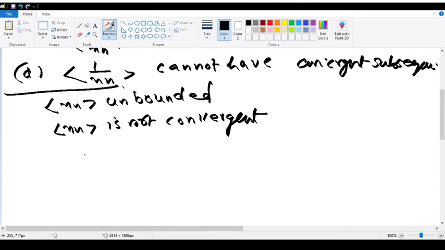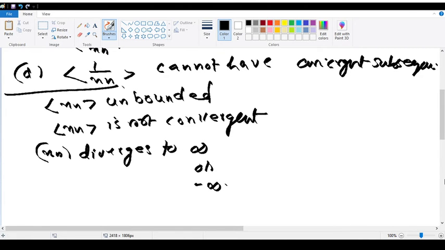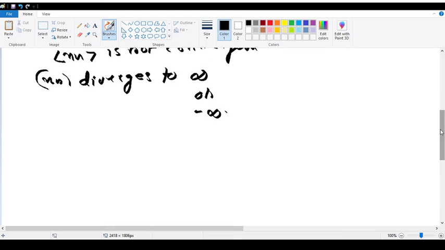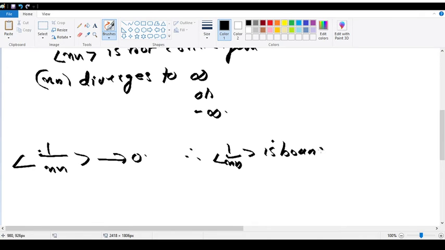Isn't it? Xn unbounded, so therefore xn is not convergent and xn diverges to infinity or minus infinity. So 1 by xn converges to 0. Therefore 1 by xn is bounded. So every bounded sequence has a convergent subsequence. Therefore C will be right.